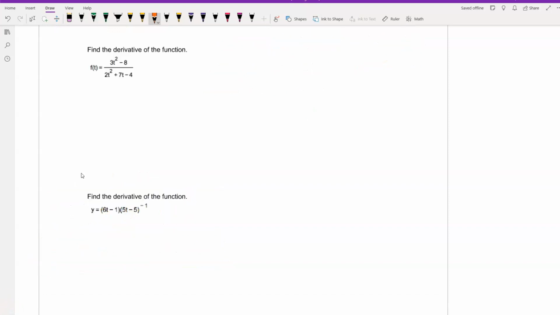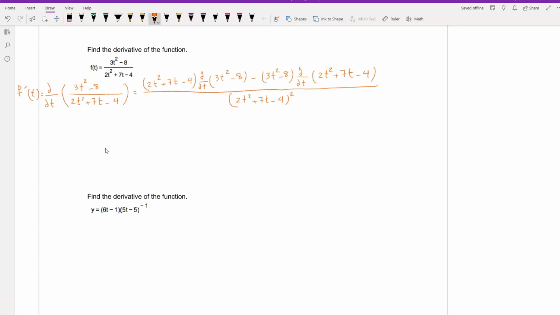Find the derivative of the following function. F of t is equal to 3t squared minus 8 divided by 2t squared plus 17 minus 4. So here f prime of t, that is equal to the derivative of 3t squared minus 8 divided by 2t squared plus 17 minus 4. And this is equal to what we have here in the denominator, 2t squared plus 17 minus 4 times derivative of what we have in numerator, so derivative of 3t squared minus 8.